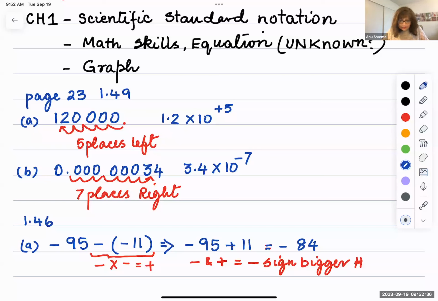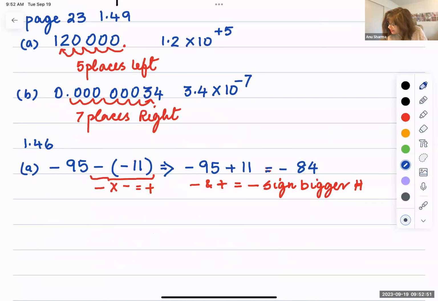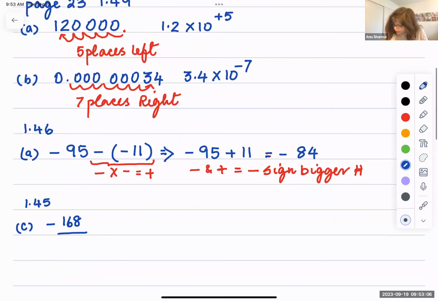So that's one piece. This is something you should know. Similarly, when it's dividing, let's look at this one. This is 1.45, part C: negative 168 divided by negative 4.